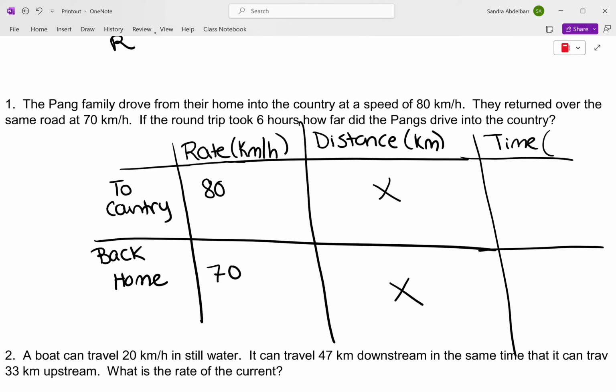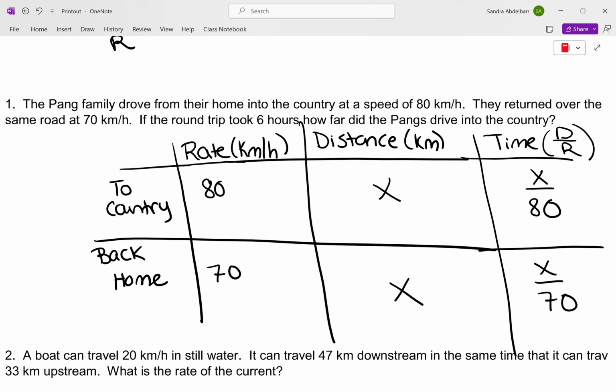Right? We do not know the time. So we're going to say time. And remember, the time is going to be d over r. So the time to the country will be x over 80.